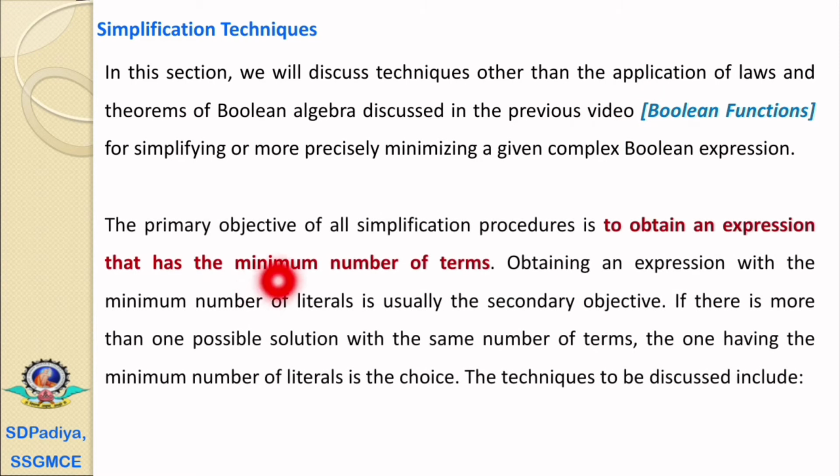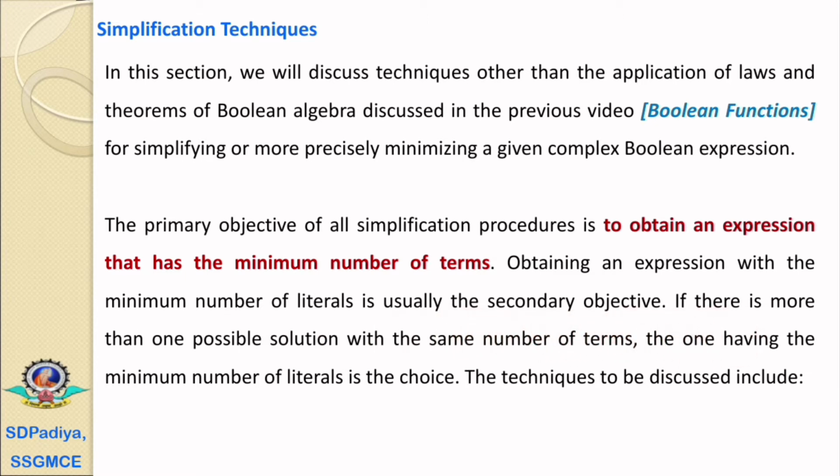the primary objective of all the simplification procedures is to obtain an expression that has the minimum number of terms. Any expression with a minimum number of terms, we call a simplified expression. Obtaining an expression with the minimum number of literals is usually the secondary objective.